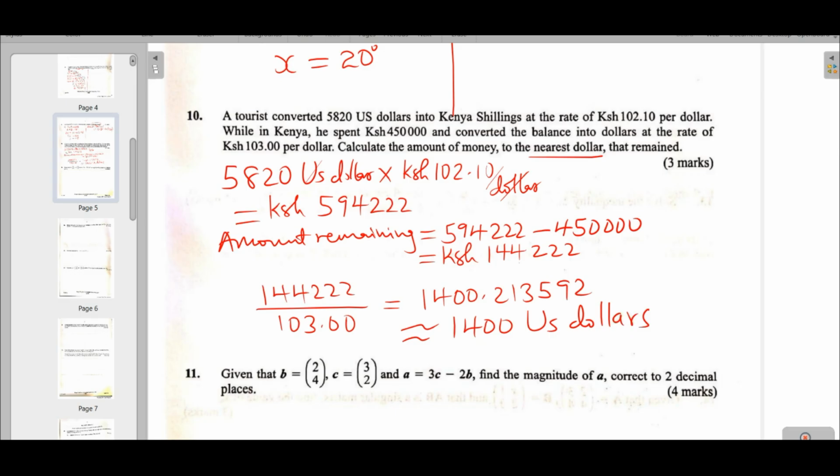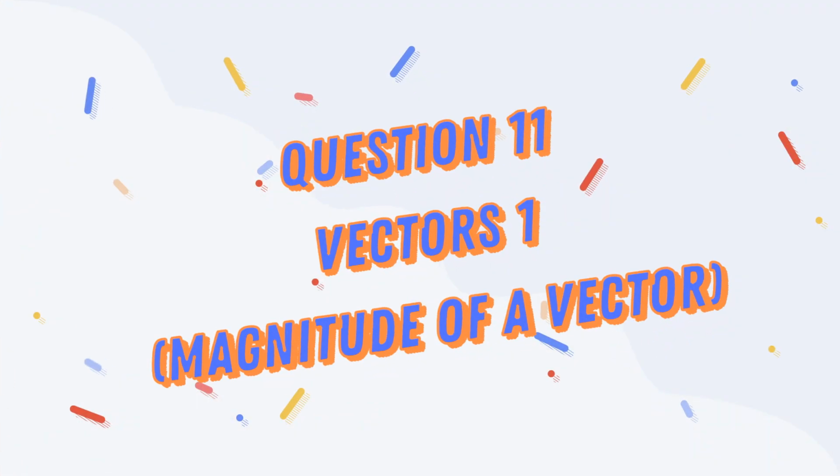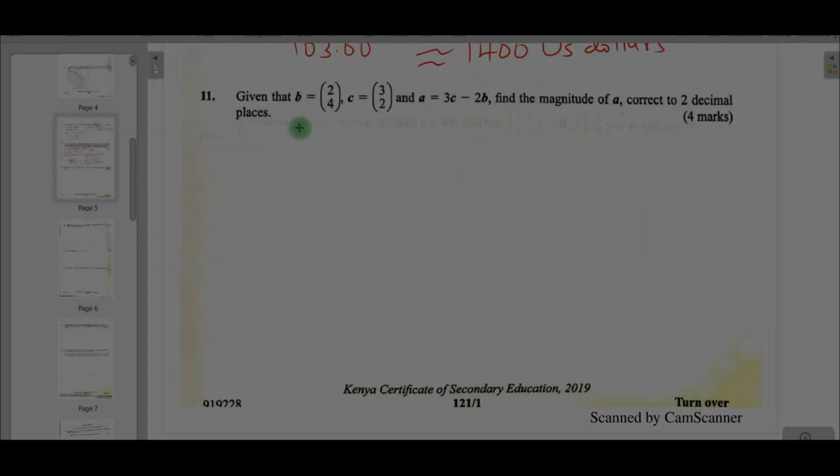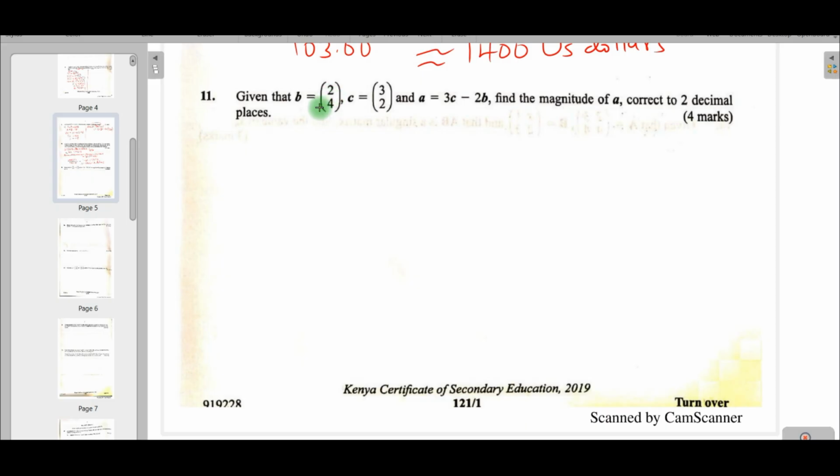We move on to question number 11. Given that vector B is (2, 4), vector C is (3, 2), and A is equal to 3C minus 2B, find the magnitude of A correct to 2 decimal places.